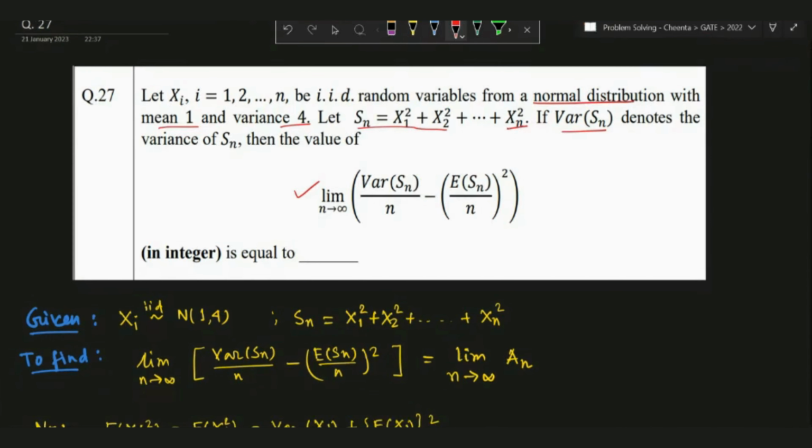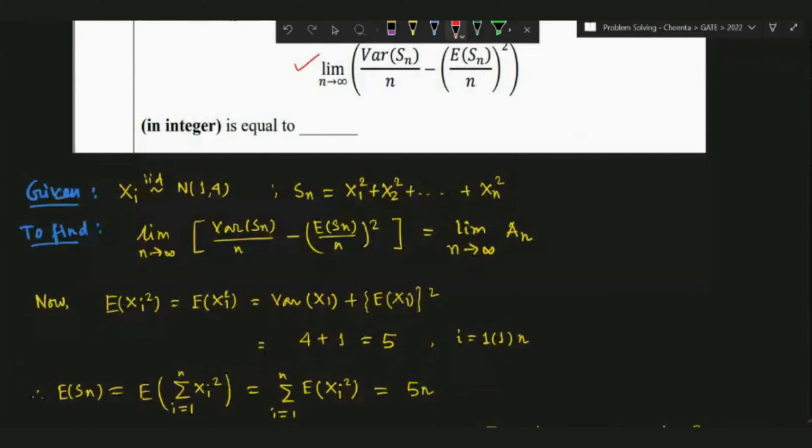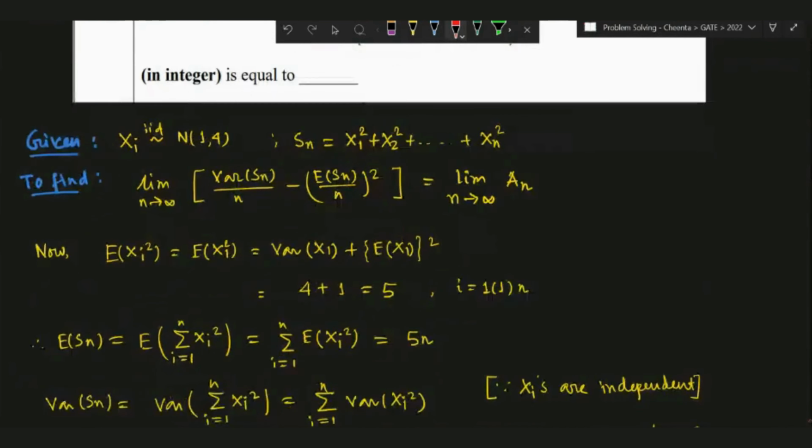So given, Xi are iid and they follow a normal 1 comma 4 distribution. In the first step, let us find the expectation of Xi square, which is equivalently the expectation of X1 square, because Xi are iid. So the expectation of X1 square is the variance of X1 plus the expectation of X1 whole square.